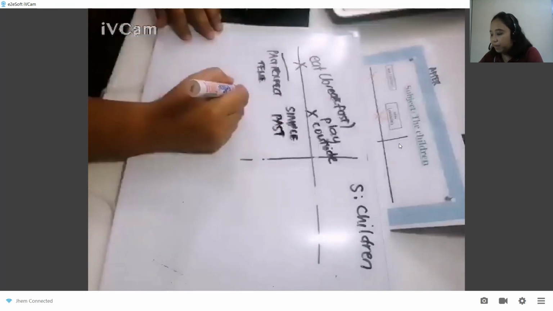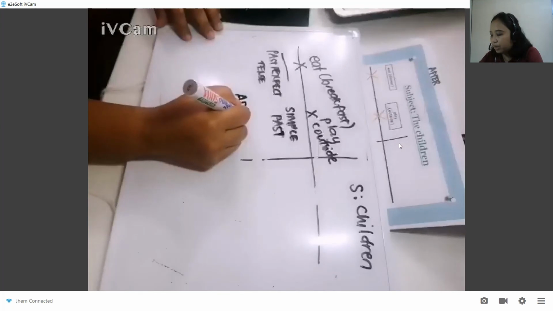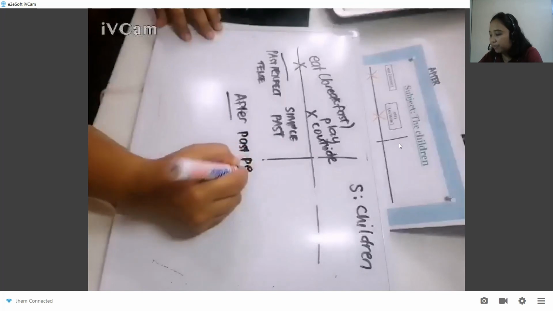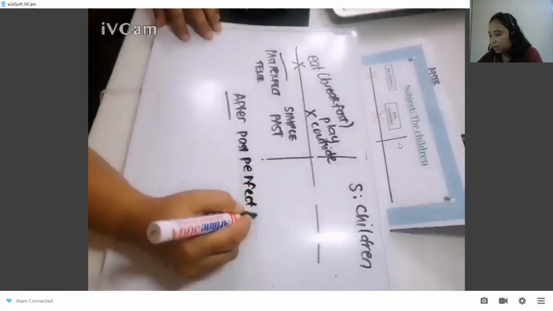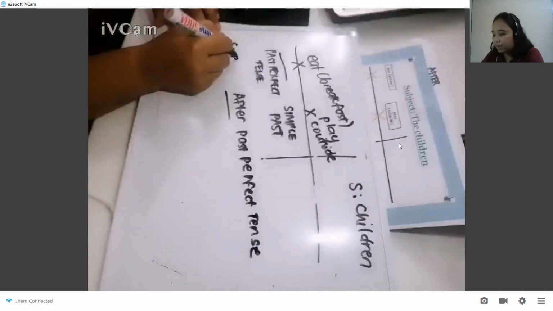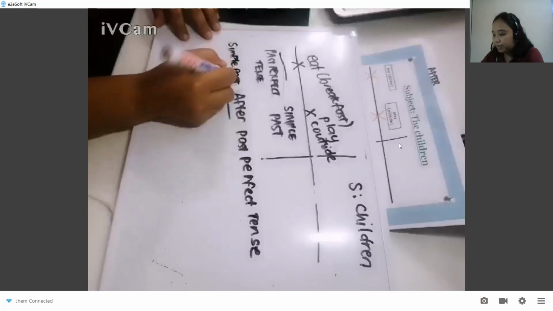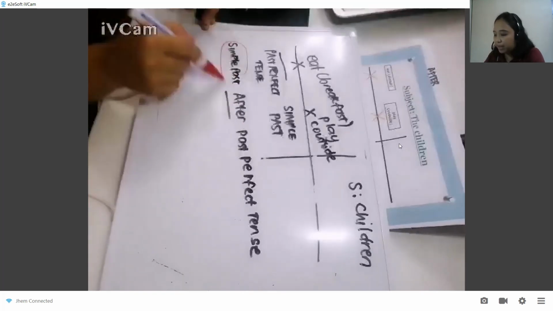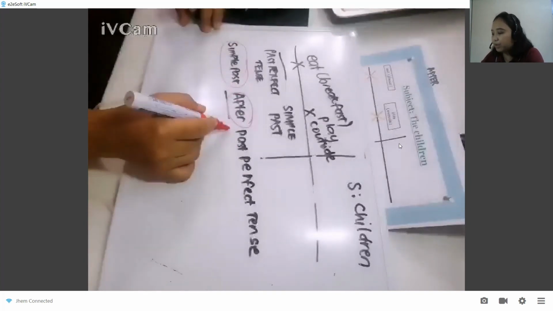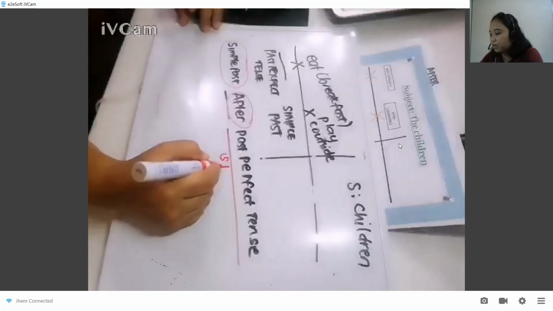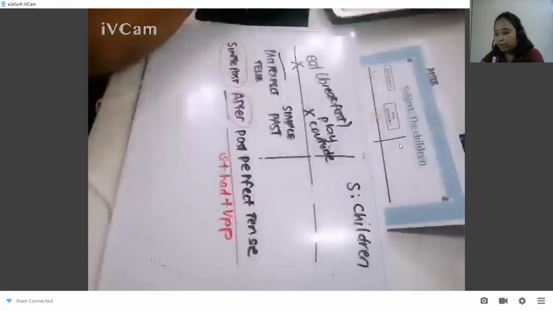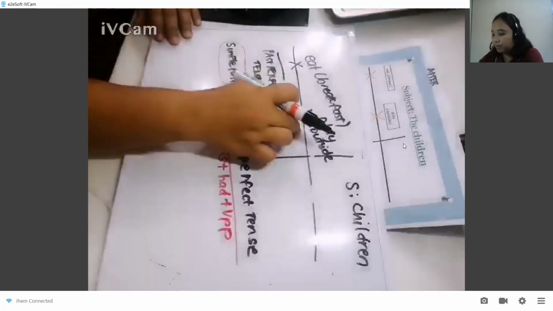Now, remember that when you make use of the conjunction after, it is always followed by the past perfect tense. So most of the time, we start with the simple past first, and then we use the conjunction after and then the past perfect tense, which makes use of subject plus had plus again the past participle form of the verb. So let's start with the simple past.